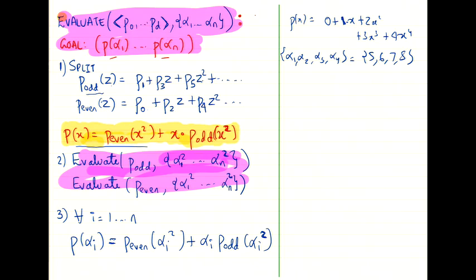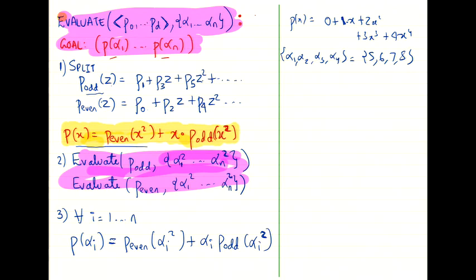Both these polynomials have half the number of coefficients, so they're half the degree. And the points where you're evaluating them are squares of the original points, alpha 1 squared through alpha n squared. Okay? And then, if you evaluated these two polynomials at this set of points, then you can recover the value of the original polynomial p just by plugging it into the original identity.